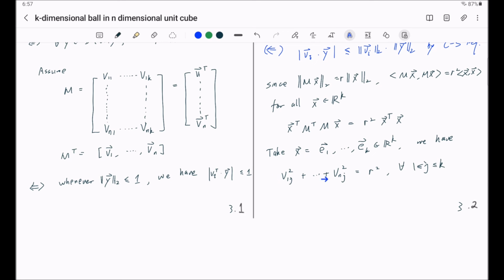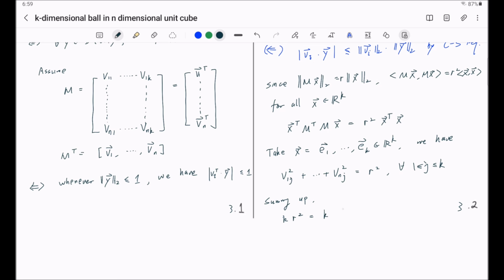And now we sum up both sides for j from 1 to k. For the left hand side, we get k times R squared. Now using this equation we just derived, R squared is equal to this sum.